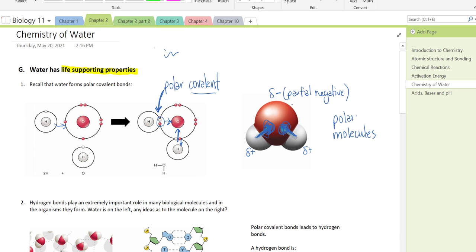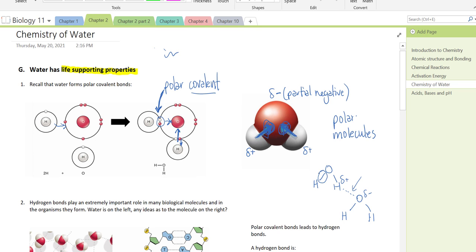Oppositely charged ends. Well, what that does, if we start to stick two water molecules together, so side by side, let's say we have something like this. Well, if this end is slightly negative and this end is slightly positive, they're going to have a slight attraction. And I use a dotted line to show that it's a slight attraction.